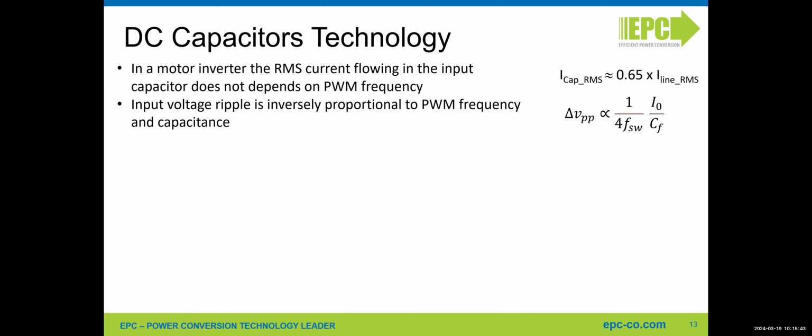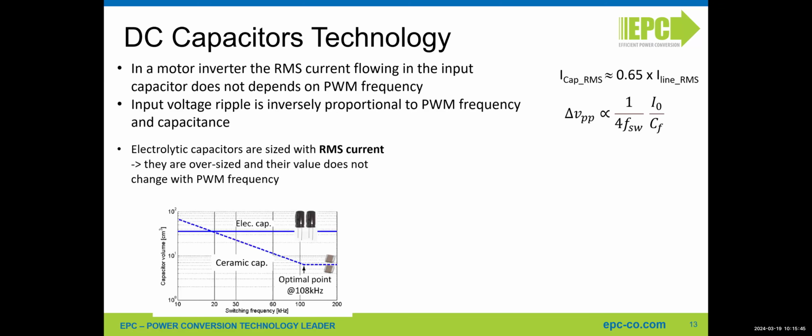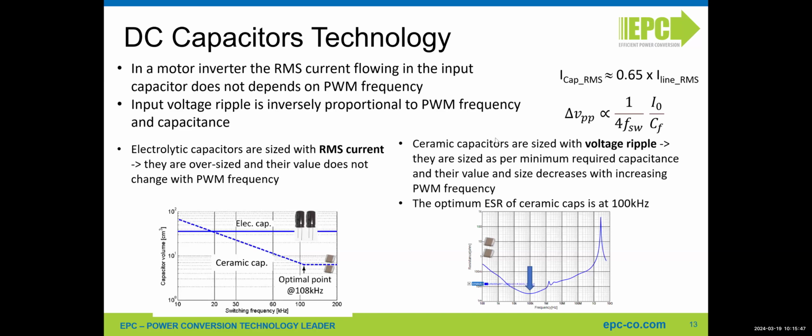If you instead work with a different technology like ceramic capacitors, it is a different story, because while electrolytic capacitors are sized with RMS current, ceramic capacitors are sized by the voltage ripple. So with ceramic capacitors, you size the DC bus based on the voltage ripple you want to accommodate in your application and also on your cable.